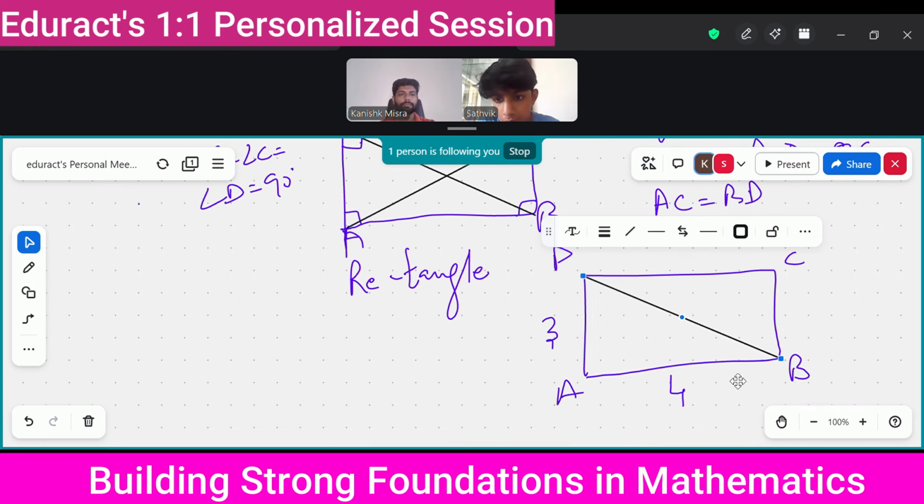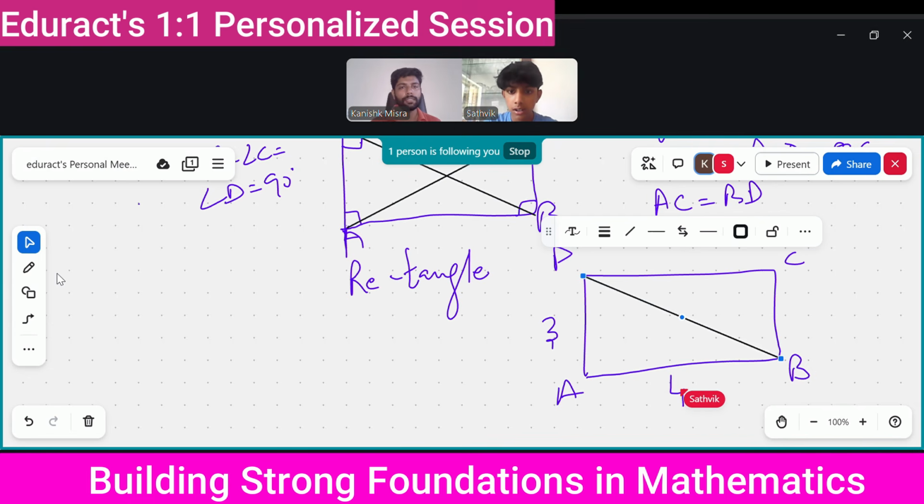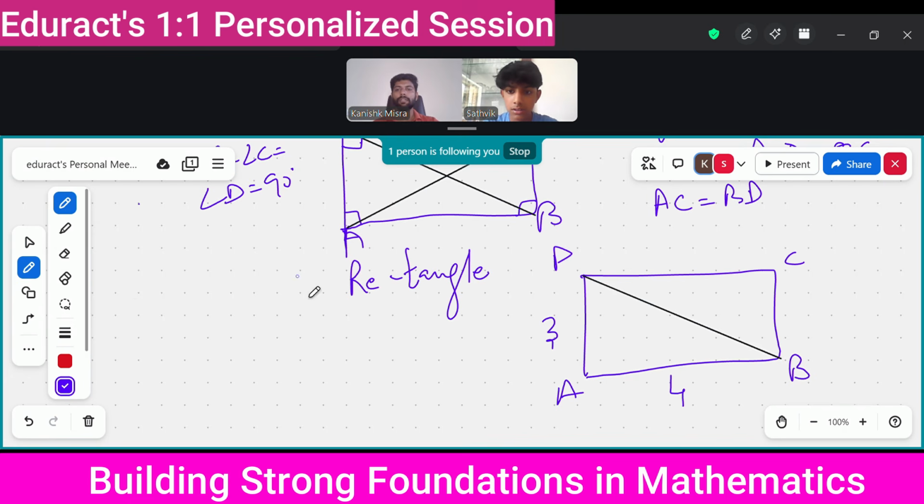What are the 3 and 4? Sir, I didn't get it. You have written 3 between angle A and E. I didn't get why you wrote the numbers 3 and 4. I'm saying that they are the measurements. AD is 3 centimeters and AB is 4 centimeters. We need to find the length of diagonal BD.